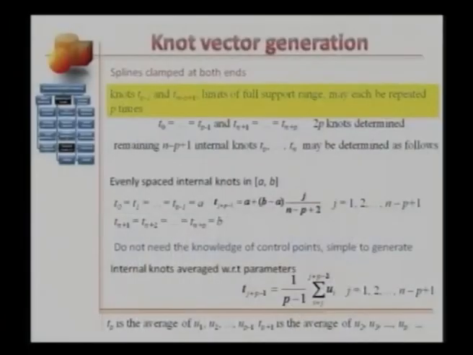Let me summarize now. As a user, you will have to specify, say, n plus 1 design points. You'll have to specify the order of the B-spline curve, and then once you know the number of knots, you can use the techniques that we have discussed today to generate those knots, depending on different cases of B-spline curves you are thinking of.